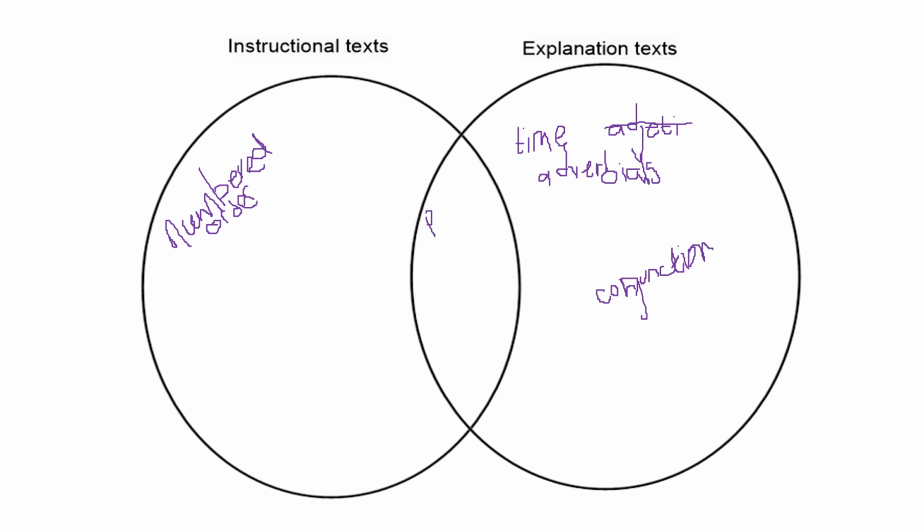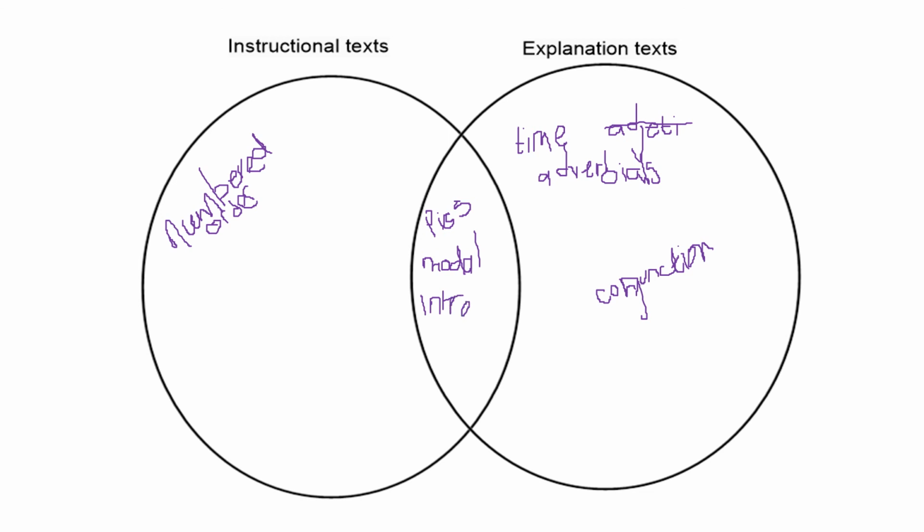So pictures and diagrams. You're going to make it sound so much better than mine. So diagrams, it also has modal verbs together. They also have imperative verbs, so bossy verbs, to tell me how to do something. And they both have an introduction as well.